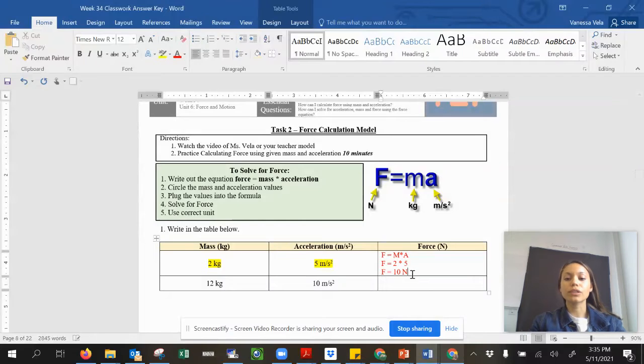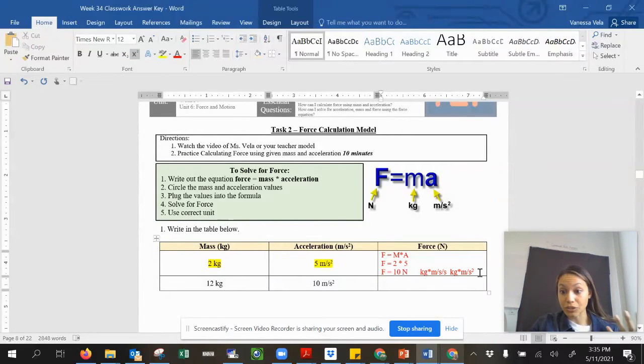So the unit for force is newtons. This is located here, and it's also located in your reference sheet. The reasoning for this is that newtons is actually kilograms times meters per second squared.